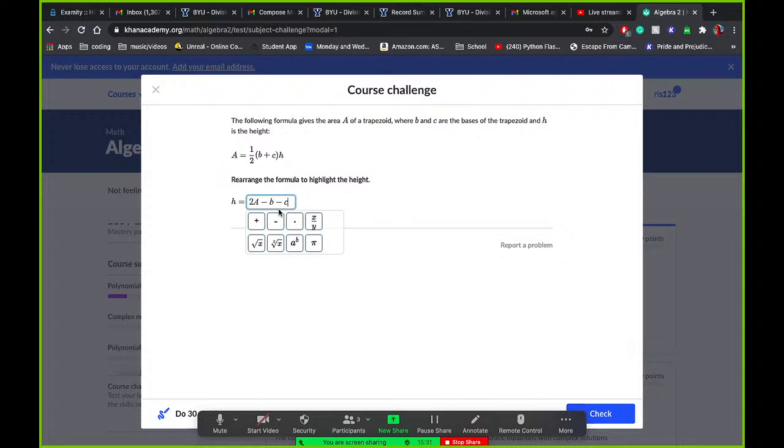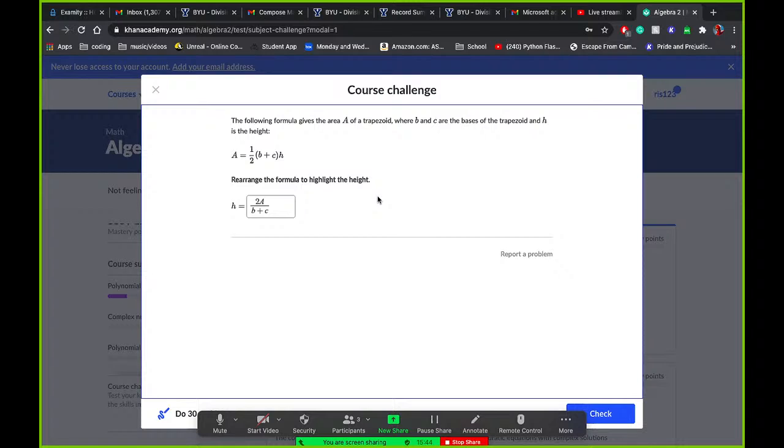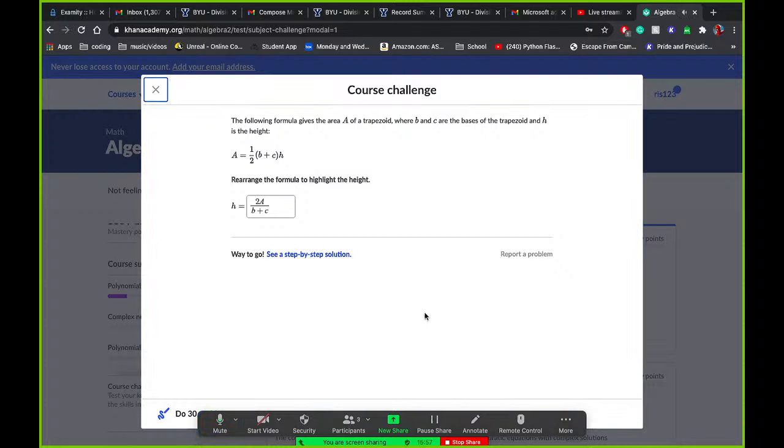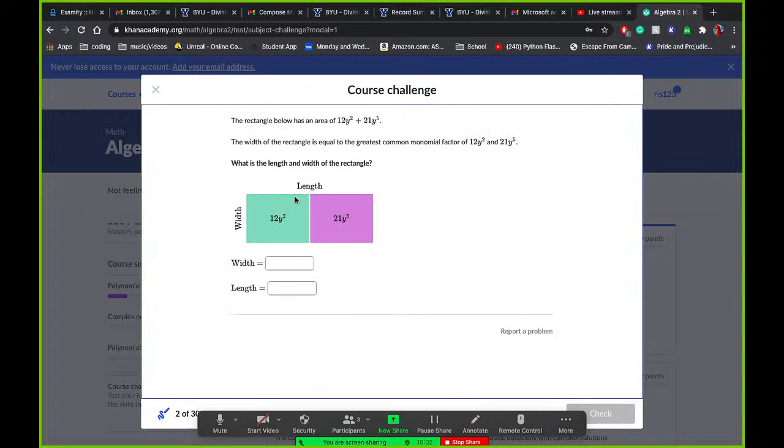No, I don't think it's divided by either, because you're multiplying it across. Actually, yeah, you're right, it's divided by. It's b minus c, because it goes to the other side and becomes divided. Okay, good job, everybody. Go on to the next question.